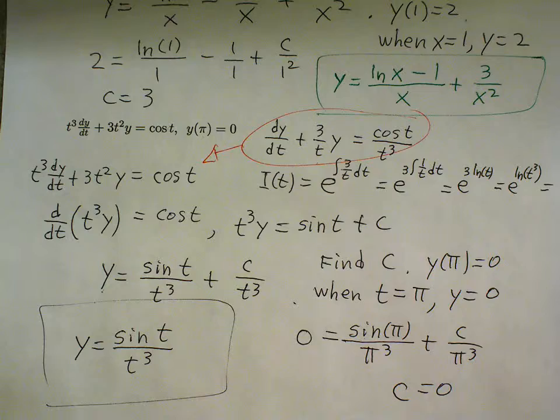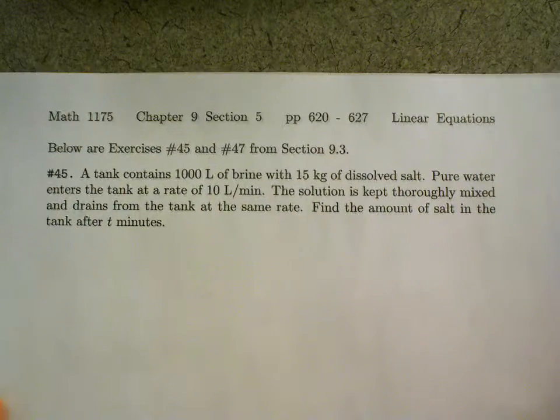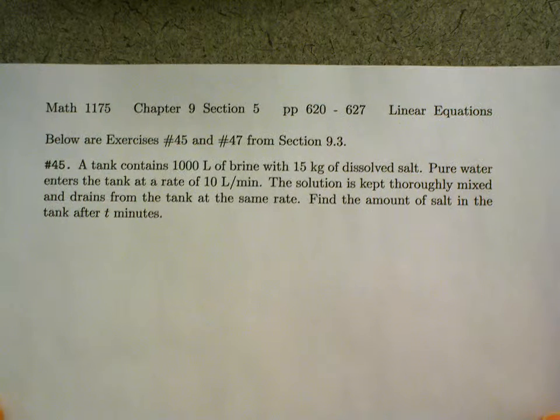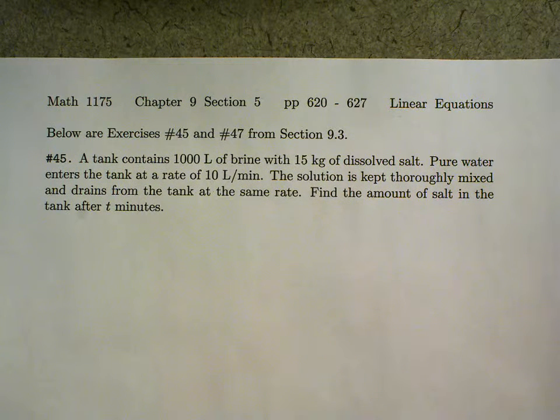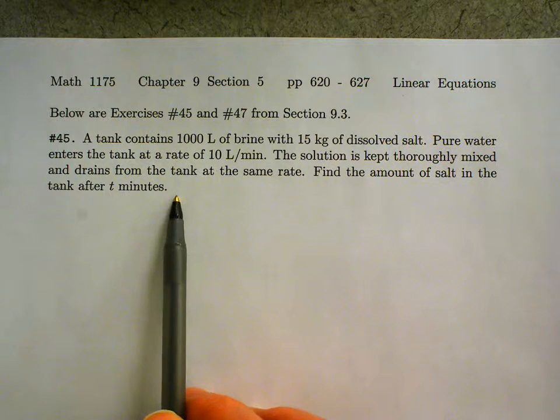Okay, we have a little over 5 minutes left. And so we'll look at a couple of the word problems from section 9.3. Section 9.3 is the section on separable differential equations. So this problem is number 45 from the textbook.